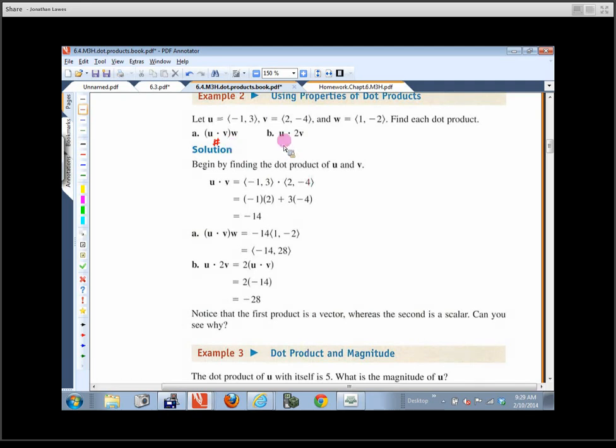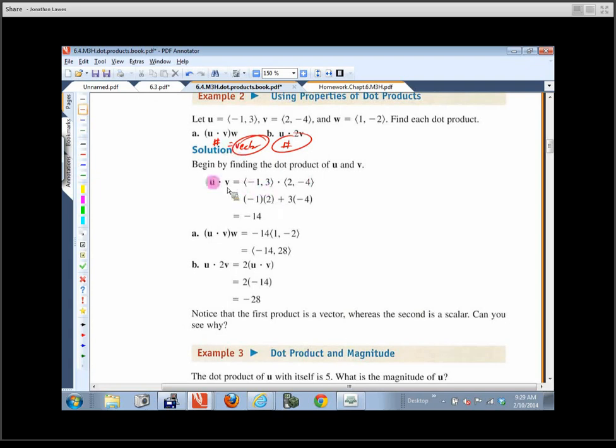And what if I do a scalar multiplication with v, so I've got a vector, and dot it with another vector? Dot products always turn out to be scalars, so this is going to be just a number. So this is going to be a vector for the result, and this is going to be a number for the result.